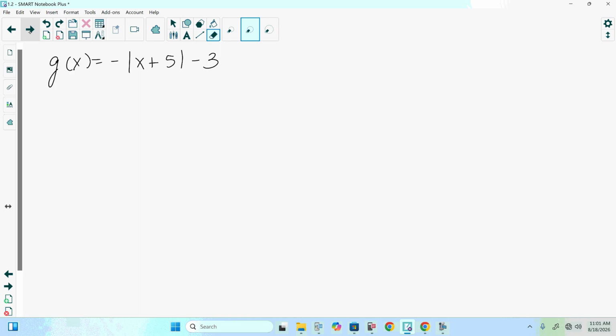G of x equals negative absolute value of x plus 5 minus 3. The parent function would be absolute value.